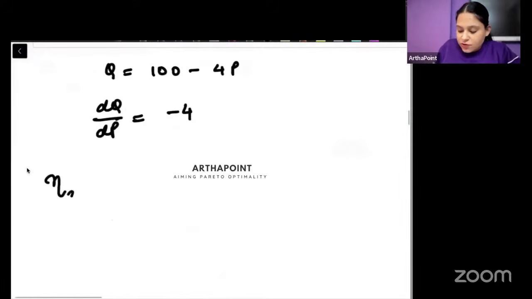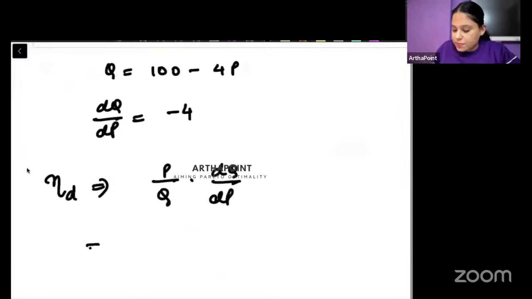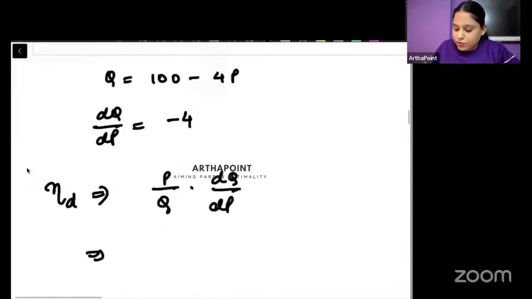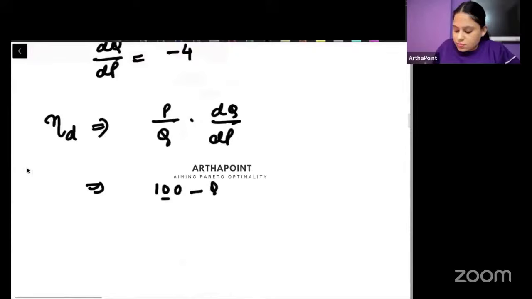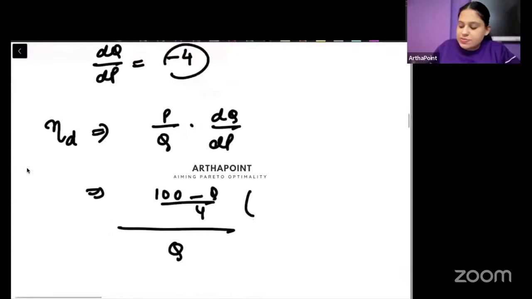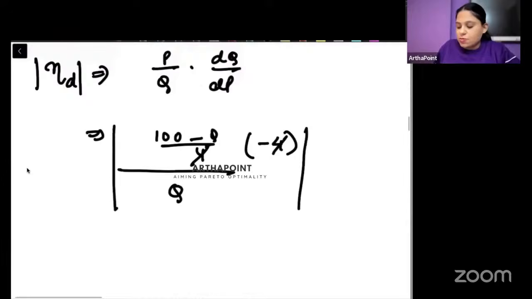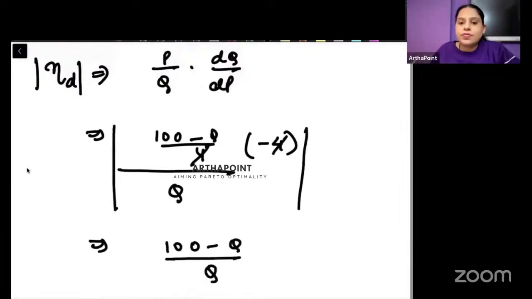So elasticity of demand will come out as P by Q times dQ by dP. The value of P I just found, 100 minus Q by 4, by Q into dQ by dP, which is minus 4. In absolute terms, the minus sign will be gone and it will be 100 minus Q by Q.